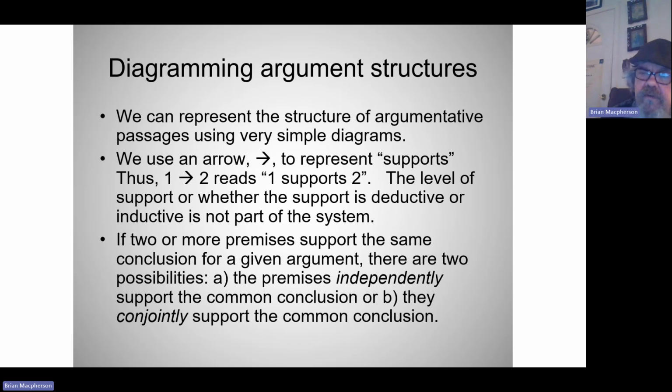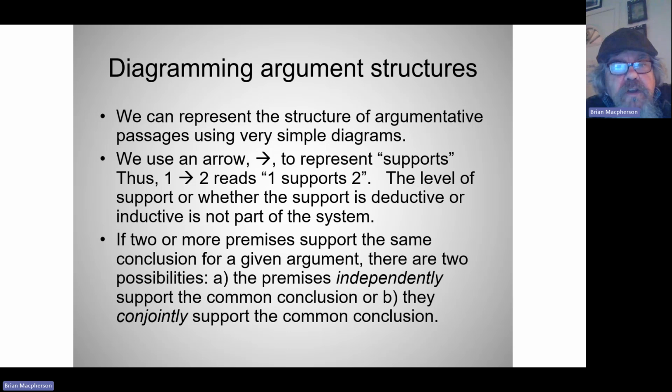It's the simplest technique you could possibly learn, right? So basically, if I have 1 arrow 2, that means 1 supports 2. So 1 is the premise and 2 is the conclusion. The level of support, or whether the support is deductive or inductive, is not part of the system. So we're going to talk a little bit about inductive and deductive arguments more in detail next week.